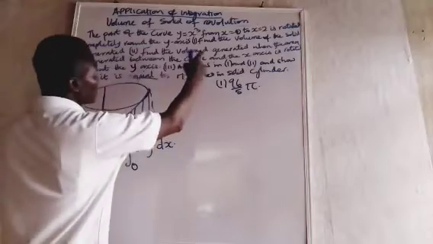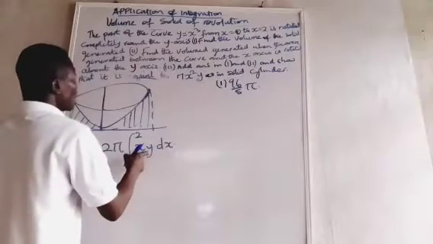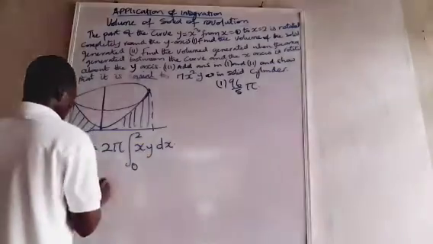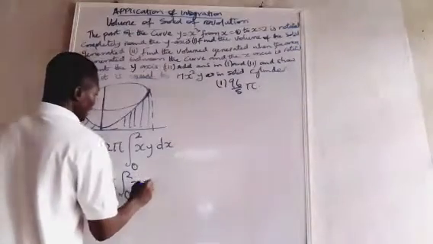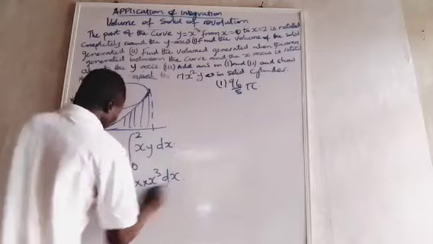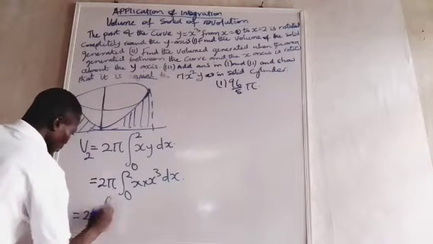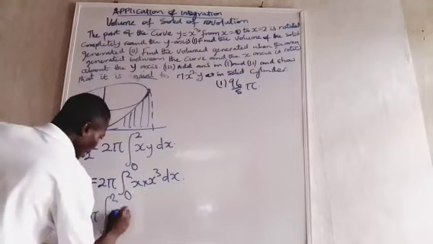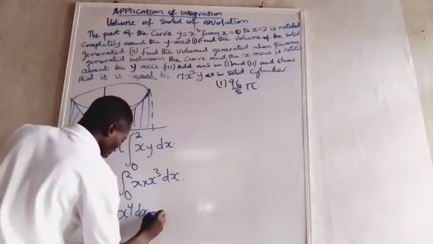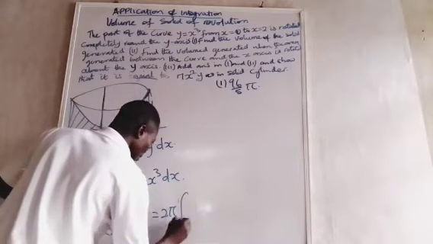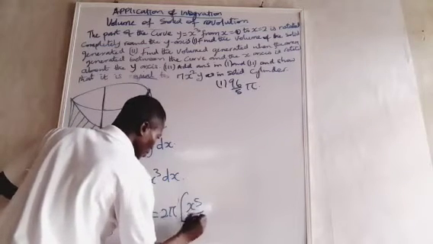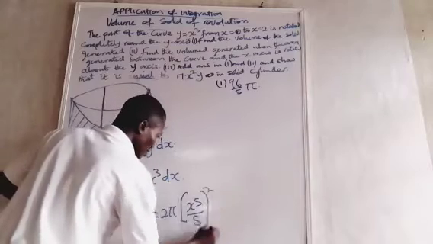We know our y to be x raised to power 3. So it's going to be 2 pi, integral from 0 to 2 of x times x raised to power 3. And that is 2 pi, integral of x raised to power 4, which is 2 pi times x raised to power 5 over 5 from 0 to 2.